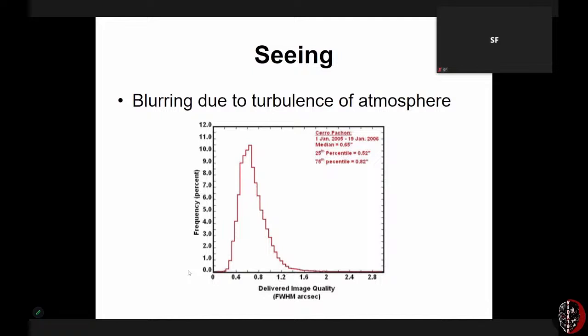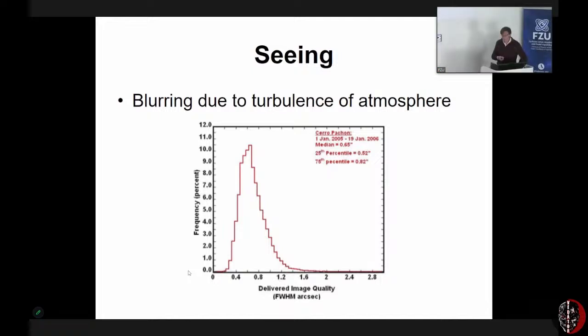Now, very important, and that determines the choice of the location of the telescope, again in astronomical terminology: seeing is basically blurring due to the turbulence of the atmosphere, and this place in Chile is one of the best places.